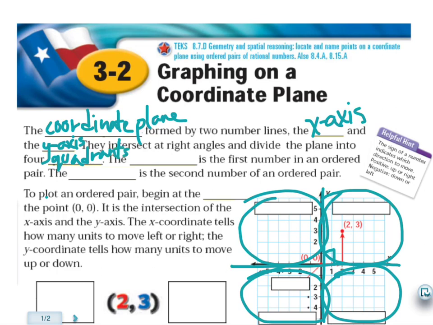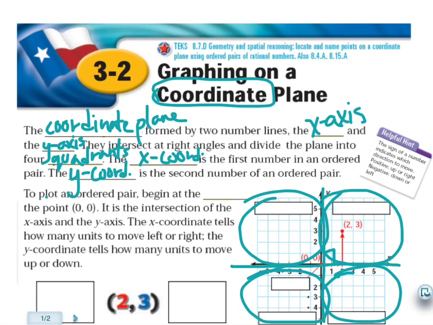Now when we talk about different ordered pairs, we talked about this in class. The x-coordinate, I'm going to abbreviate that so it'll fit, but you can see the spelling right here in the title. The x-coordinate is the first number. The y-coordinate is always the second.